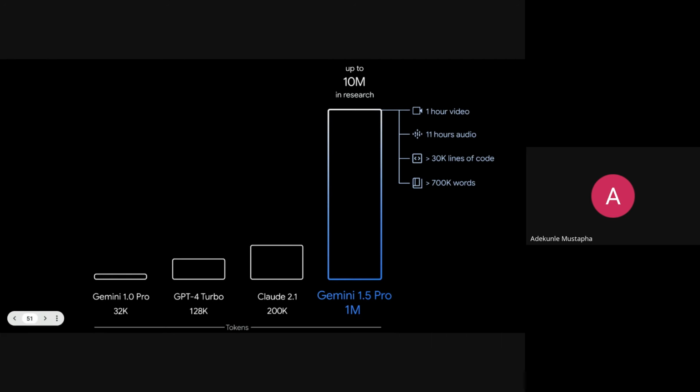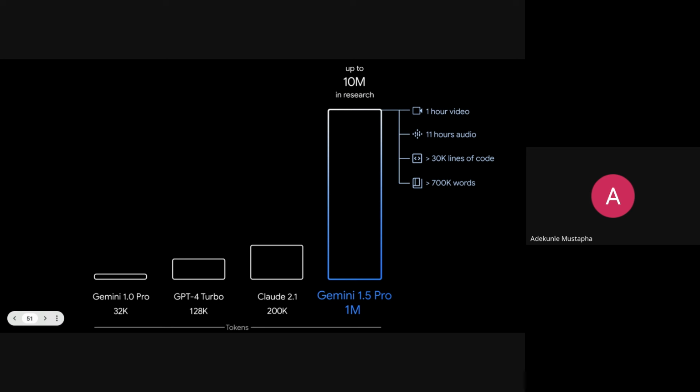Going forward, we have the different model versions: the Gemini 1.0 Pro at 32K tokens, the GPT-4 Turbo can take up to 128K tokens, the Claude 2.1 can take 200K tokens, and the Gemini 1.5 Pro can take up to 1 million tokens. So you can pass 1 hour worth of video to it.